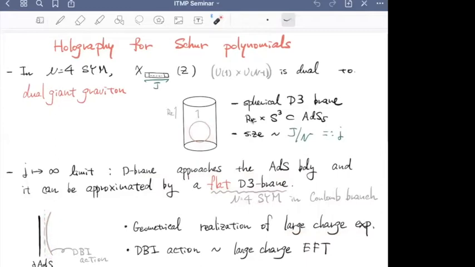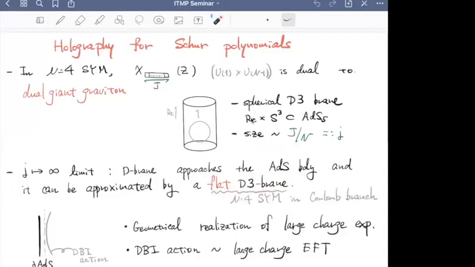And furthermore, the DBI action determining the excitation of the D brane, or the low energy EFT on the D brane, can be identified with the large charge EFT. So this is the basic picture of how to understand the large charge expansion from holography.